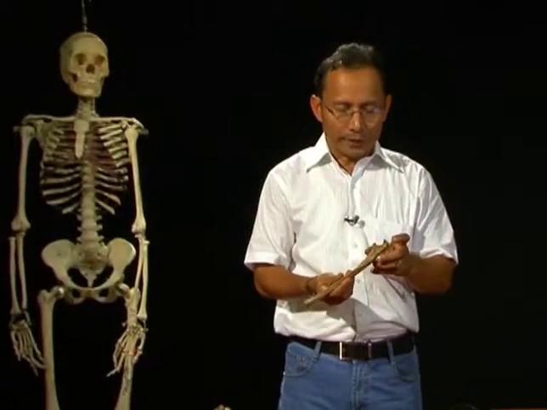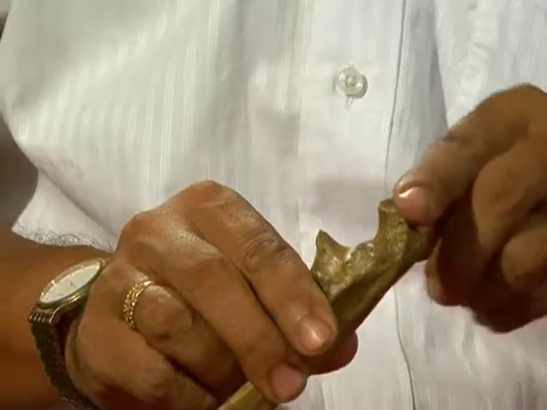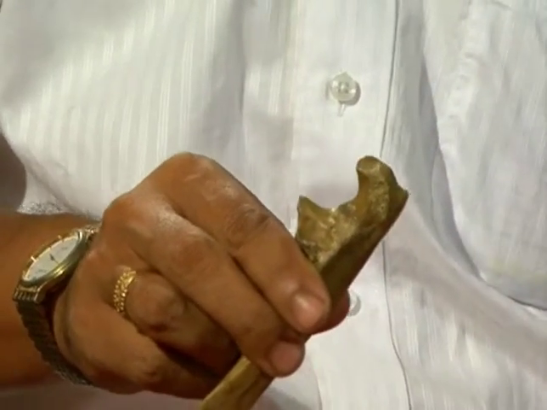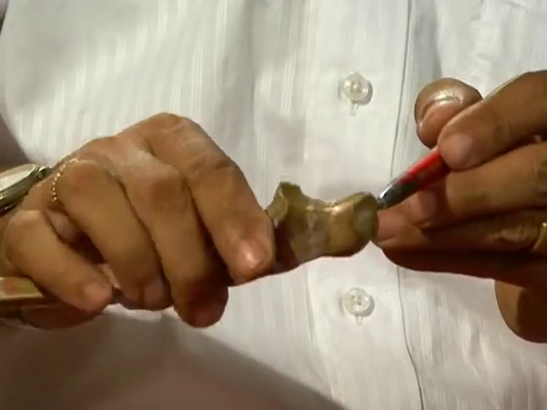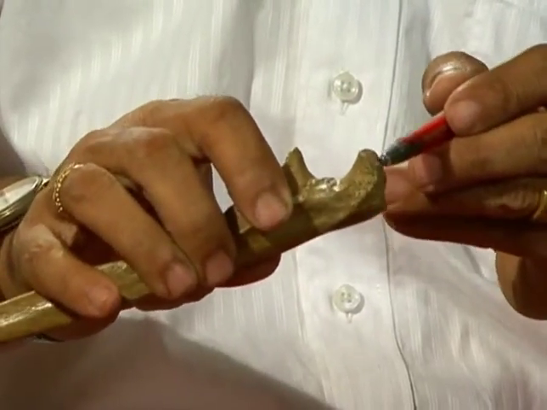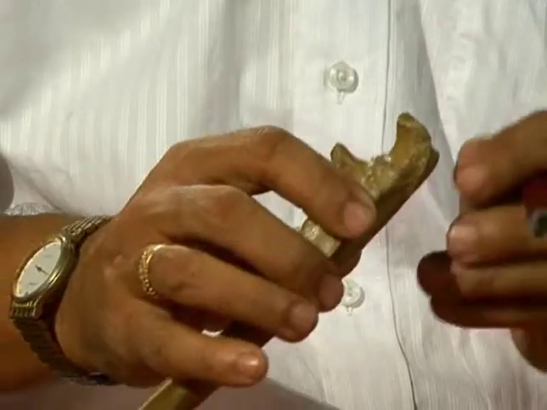Now let us come to the upper extremity. This upper extremity has got 2 processes. One, this curved process, is called olecranon process.